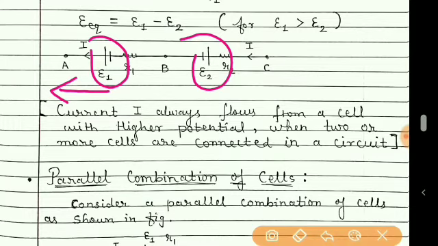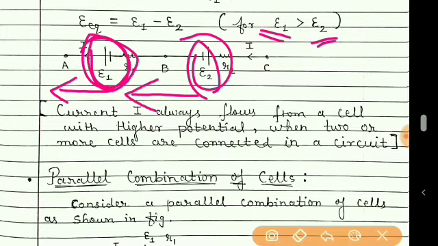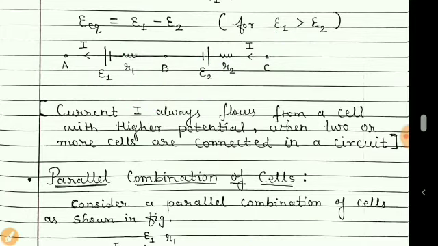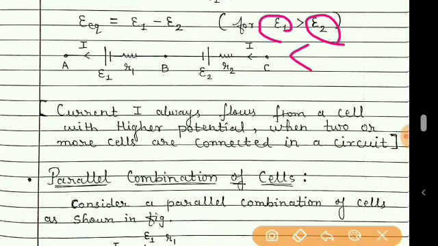You can see here this battery epsilon 1 is greater than epsilon 2, and so we have taken the current in this direction. If this is less than this cell, then we have to take the direction of current in this direction. So current always flows from a battery with higher voltage towards the battery with lower voltage.